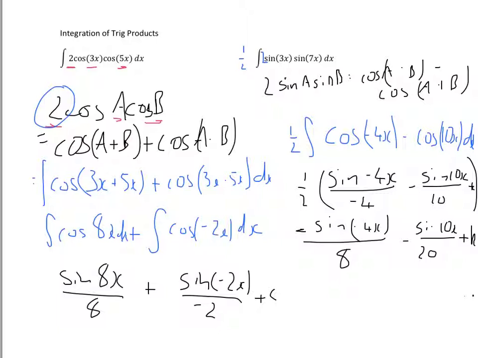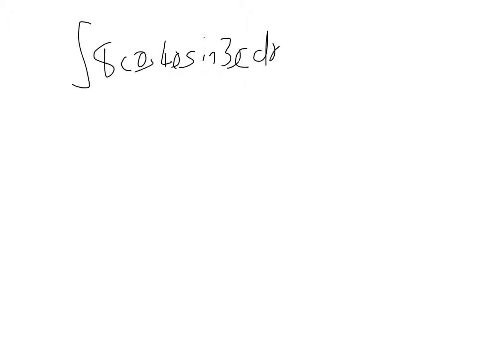So the strategy is, if you do not have that 2 that you want, just put it there and have a multiplying factor. Okay. The final thing is that if you end up getting something like 8 cos 4x sine 3x, well, you want to manipulate it so that you only have a 2 there.